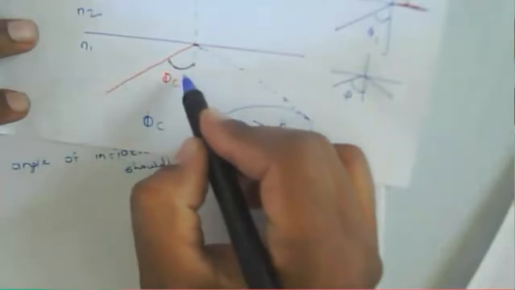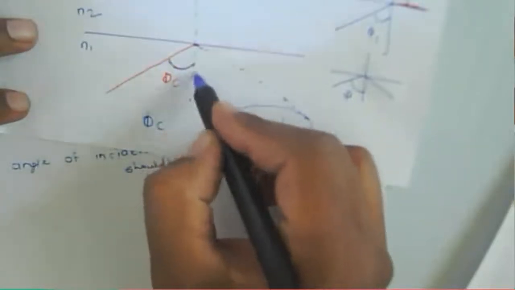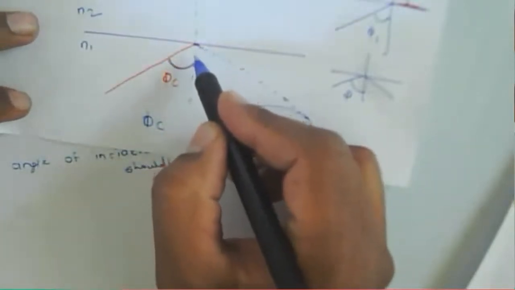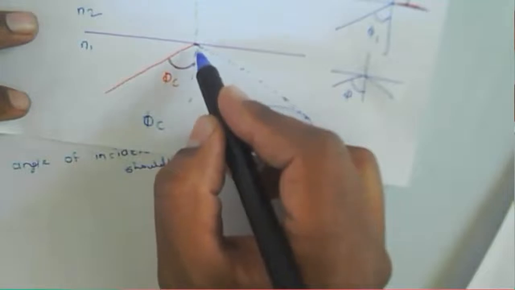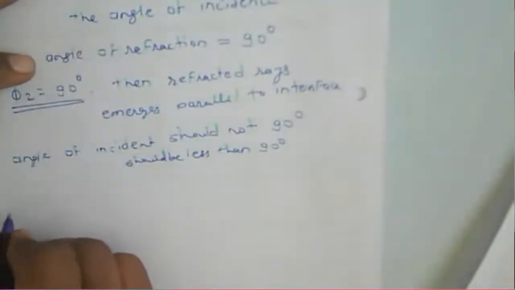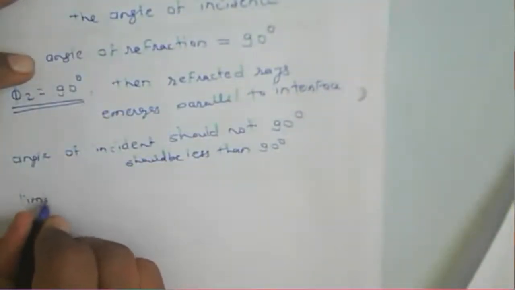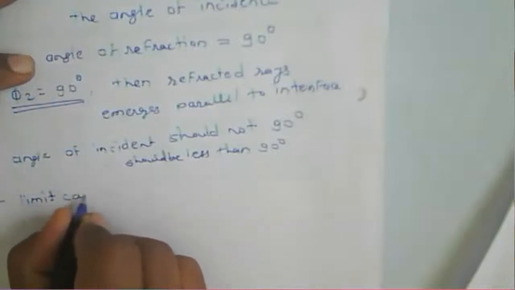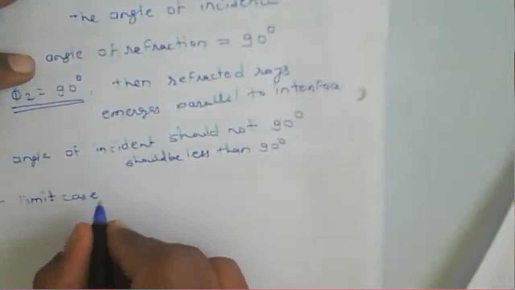Now, generally some limiting conditions are there. So what is the limiting condition? At a particular value of phi, refraction starts, and that angle is called the critical angle.